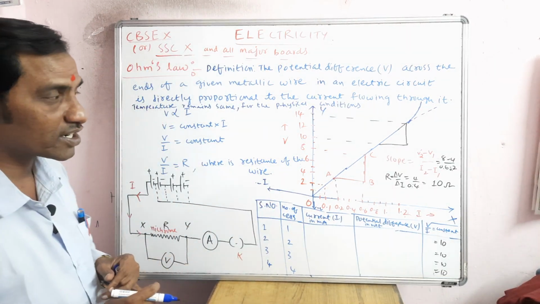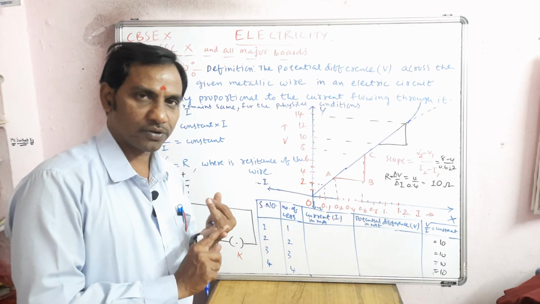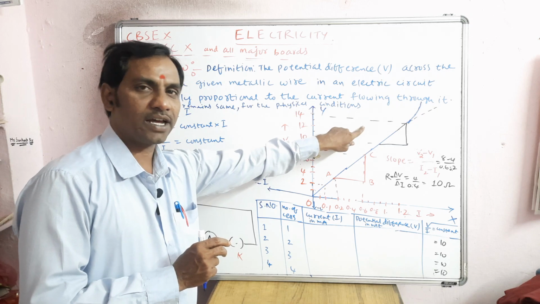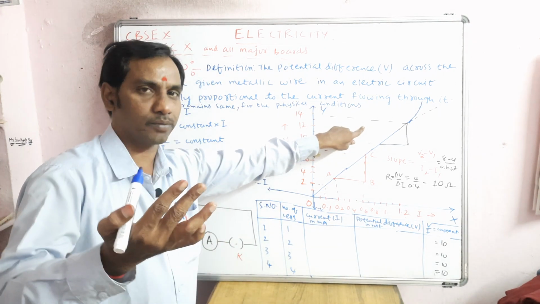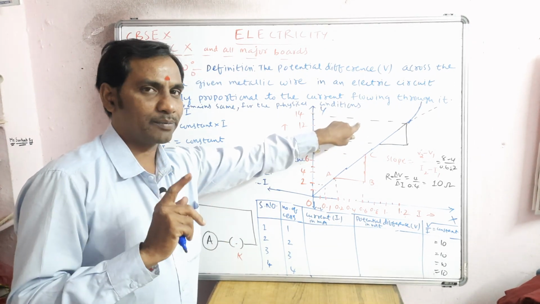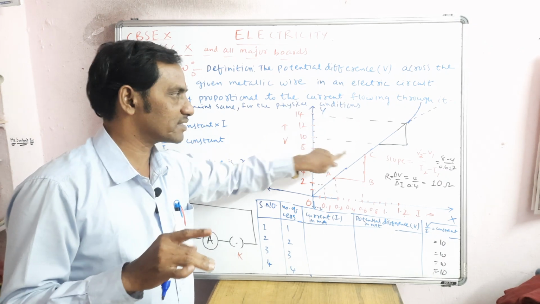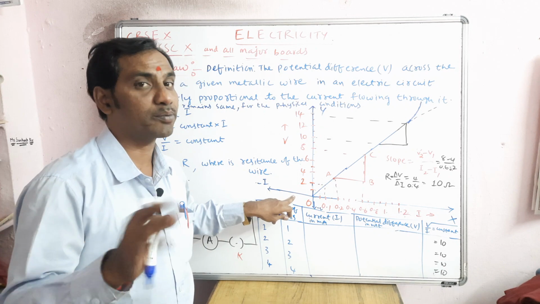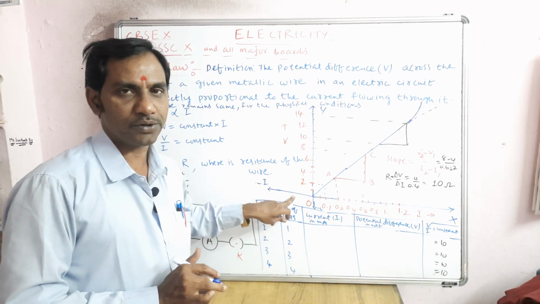This happens generally in diodes, so that is also a defect. One defect is that V and I are not proportional for higher potential differences. The second point is that for diodes, on reversing the potential difference, the current won't get proportionately reversed. That you can write.